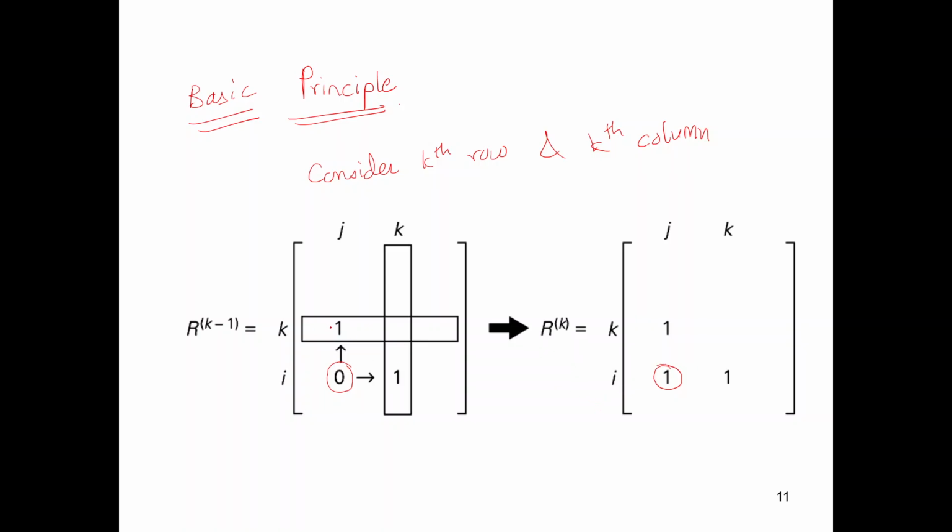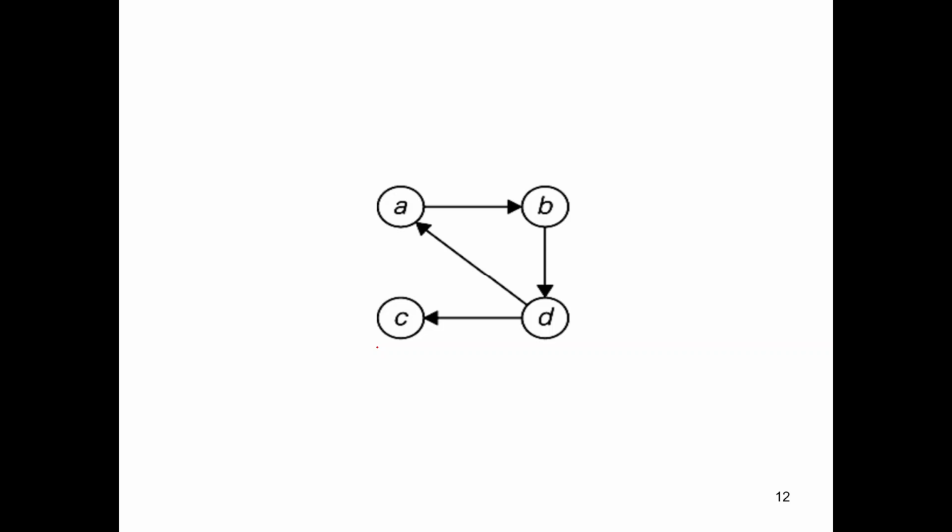Okay, so you will only focus on the kth row and kth column, and there you will see if there is any such combination where there is a 1 here and a 1 here too, then their intersection should also become 1. Okay, so in that way we move from R^(k-1) to R^k, that is, let's say from R to R square, then from R square to R cube, and that will be clear with the example.